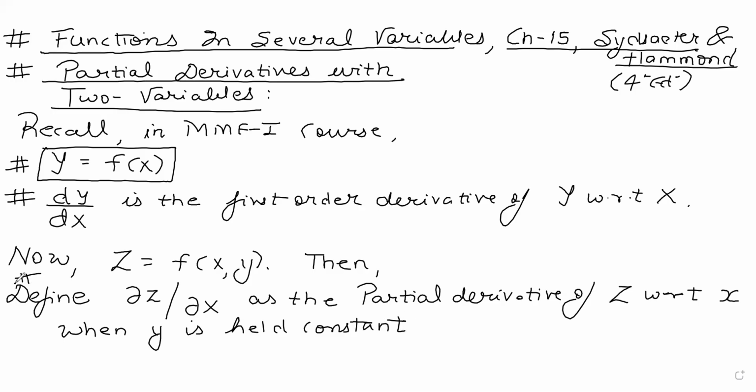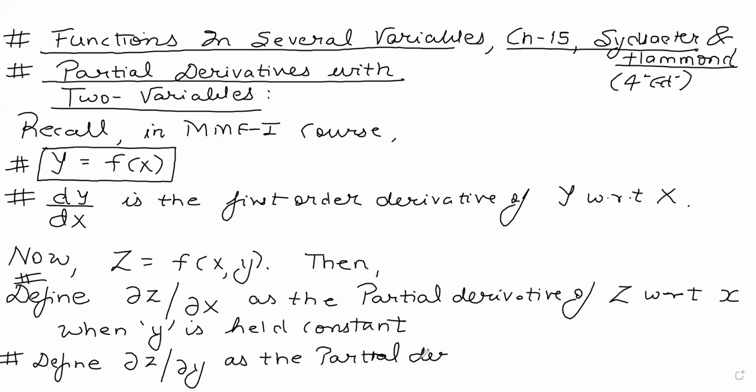So del z by del x is the partial derivative of z with respect to the variable x when y is held constant. And similarly, I can define del z by del y as the partial derivative of z with respect to y when the variable x is held constant.